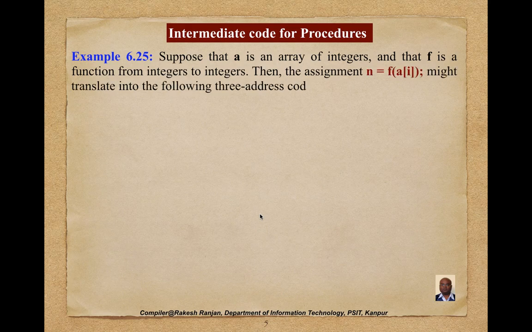Intermediate code representation for the procedure or function. Suppose a is an array of integers and f is a function from integer to integer, and then the assignment n equal to f of a[i]. The array element is passed as the parameter, and it can be translated as follows: t1 equal to i into 4. Let us consider the size of one element is 4 bytes, so I write i multiplied by 4.